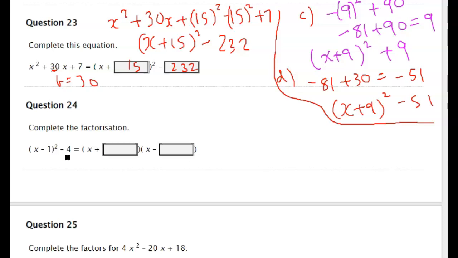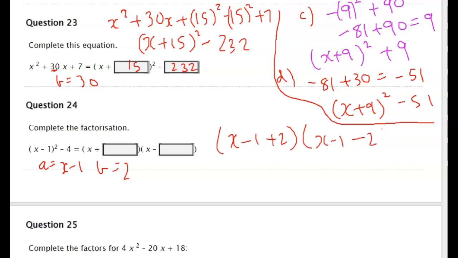All right, question 24. Now this is where we're going to be doing the difference of perfect squares. So you can see the minus there, which means we can factorize it. So your value of a is just the square root of this first term, which is x minus 1. And b is the square root of the second term, which is 2. So when we're doing the difference of perfect squares, we do a plus b, and then a again minus b.